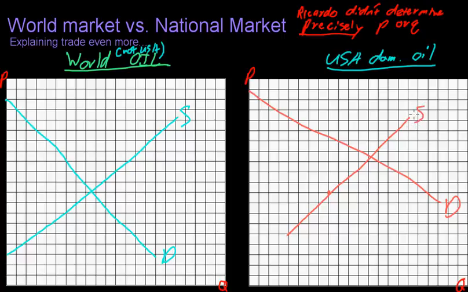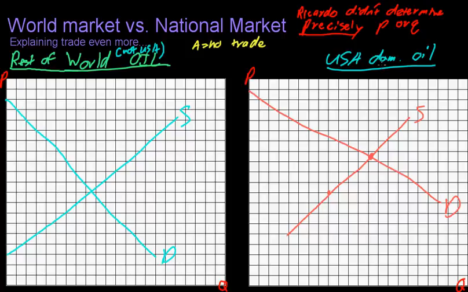All right, so if we start out with first point A, A is going to be no trade between the rest of the world and the USA. And that's how it's normally represented. So I'm going to write rest of the world, and then the USA over here.